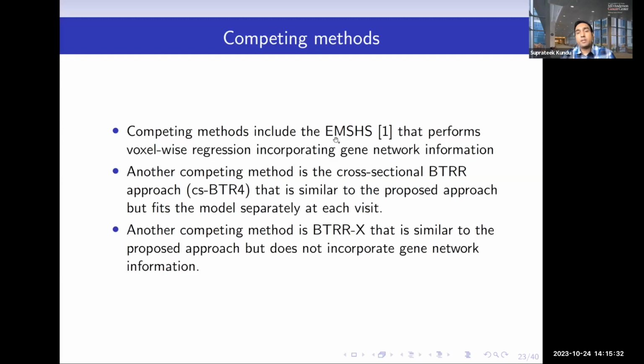We compared our method with the EMSHS, which is a voxel-wise method that incorporates the gene network information. We also compared with the cross-sectional version of our approach. And we also compared with another version of our method that does not incorporate the gene network information.